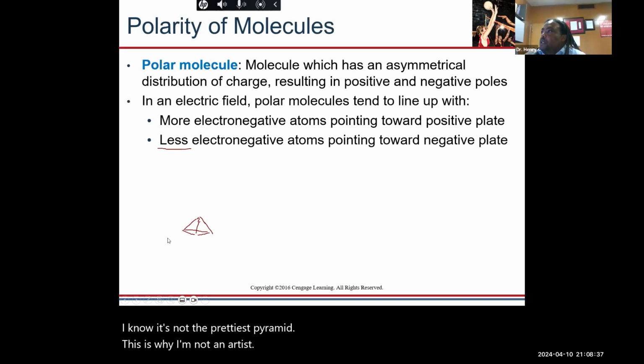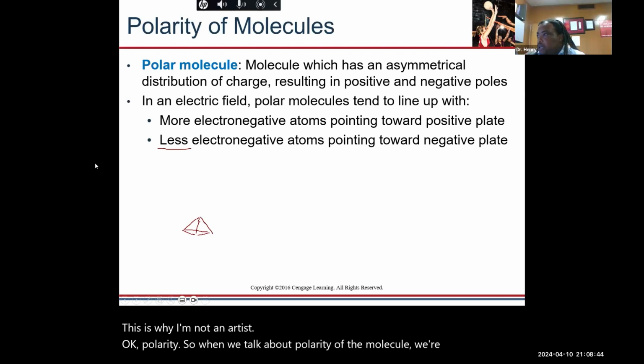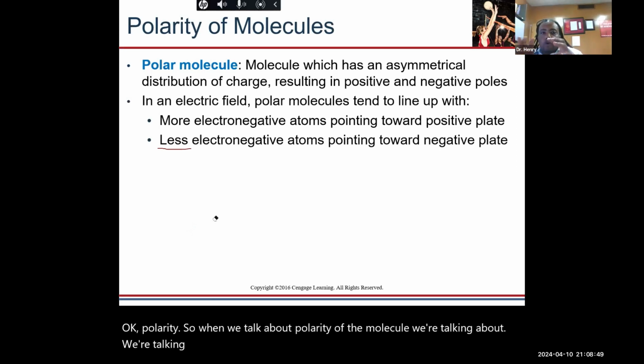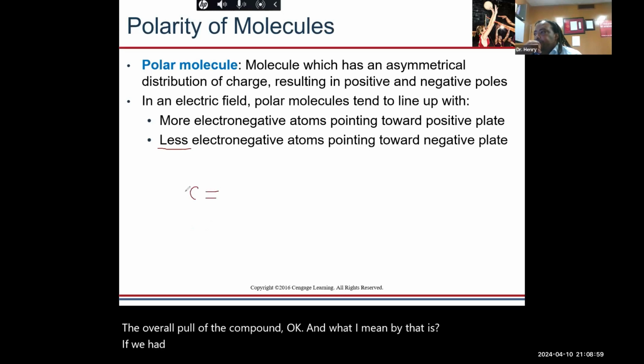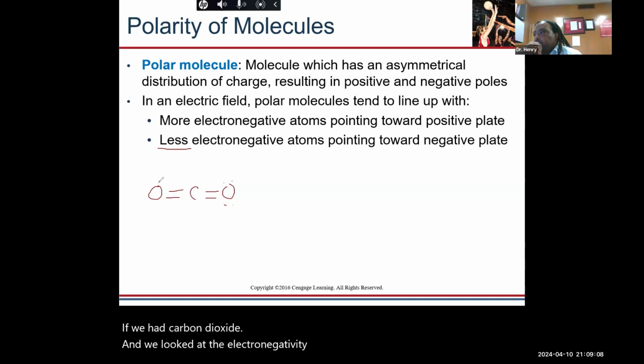Okay, polarity. When we talk about the polarity of the molecule, we're talking about the overall pull of the compound. What I mean by that is, if we had carbon dioxide and we looked at the electronegativity of carbon and oxygen, we look at them independently first.